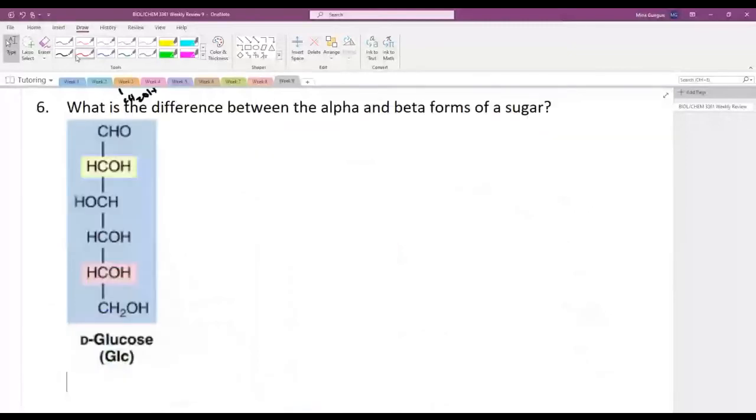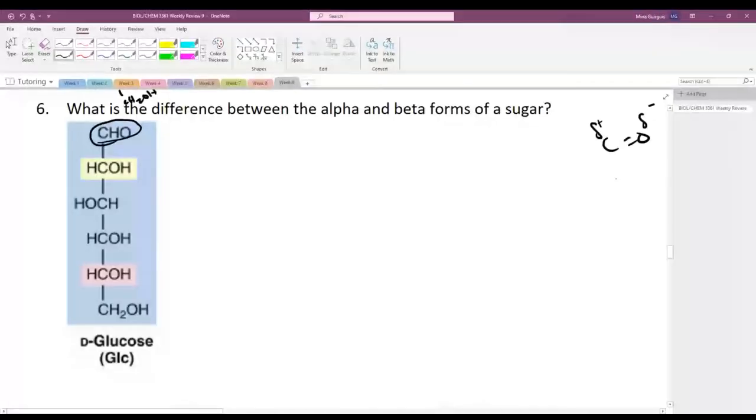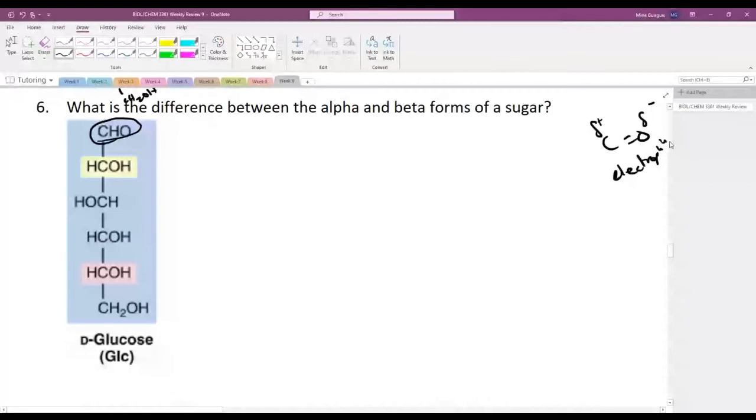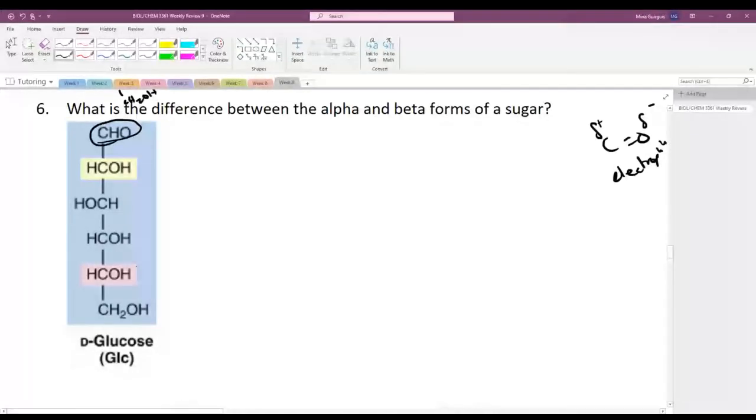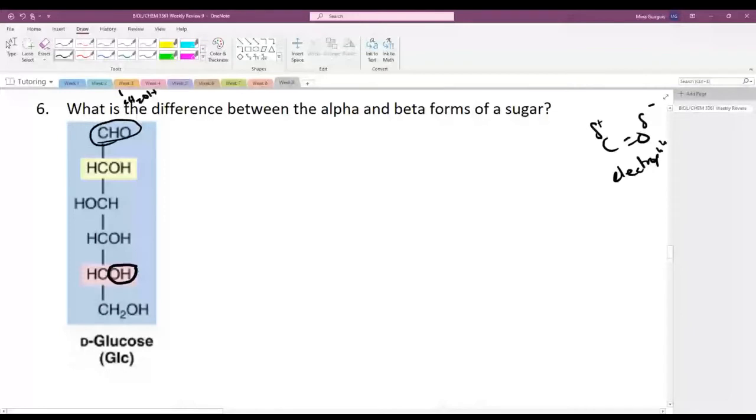Effectively, what's going to happen is, remembering that our carbonyl, in general, is partially positive, that makes it an electrophile. Okay? The oxygen of carbon number 5, or of your last chiral carbon in general, is going to come in and attack that carbon.